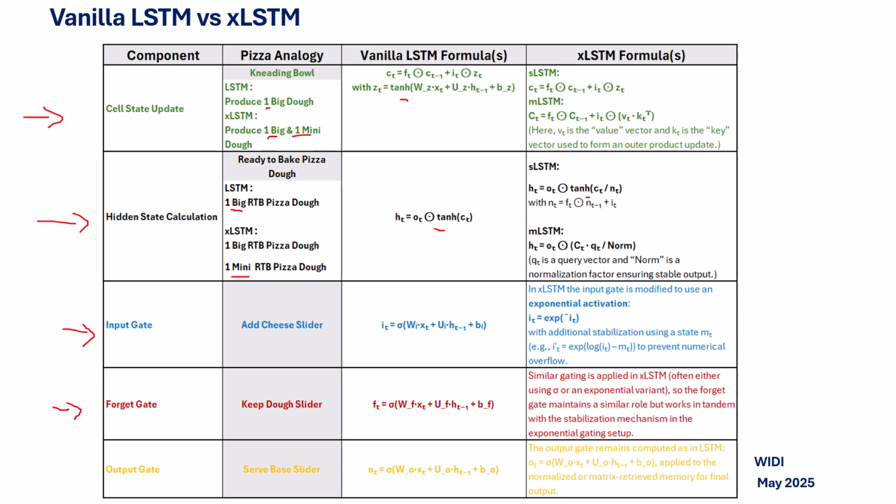Okay, now the last one is the output gate. It is the last in the table, but it's actually not the last one. Basically, it is a kind of slider that helps you decide how much of the dough from the kneading bowl, the bowl that we already kneaded, is to be used and put in the tray to be flattened.